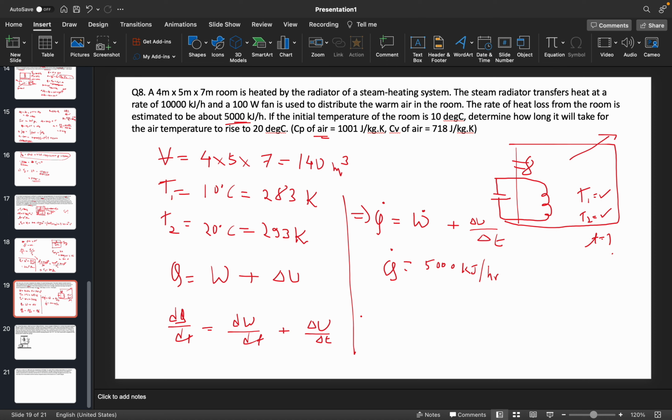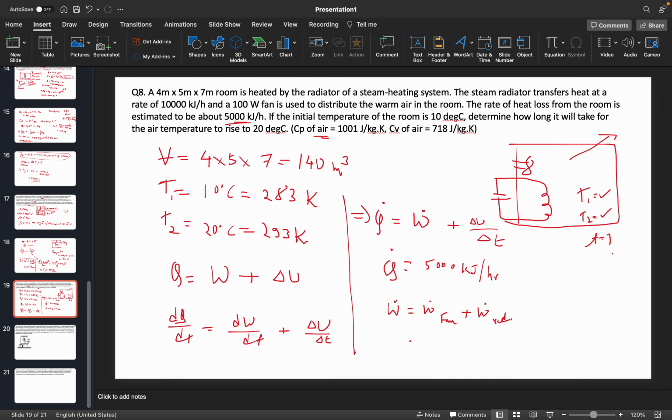And what is W dot actually? W dot is nothing but the work, and this consists of W dot fan and also W dot radiator.